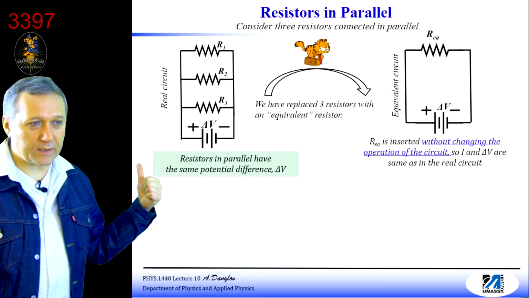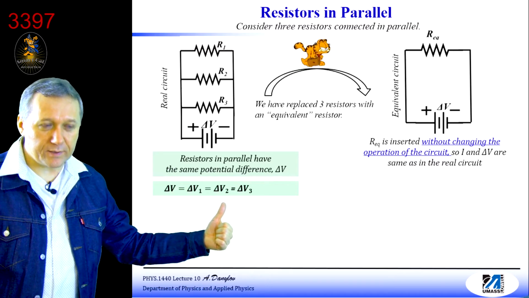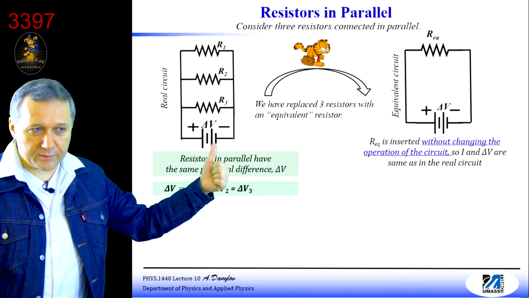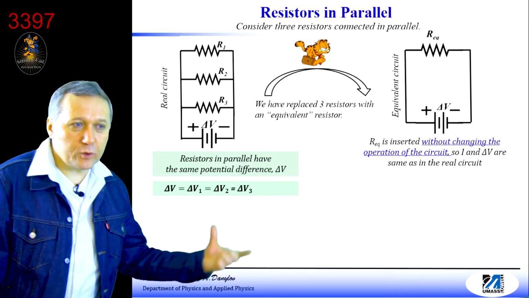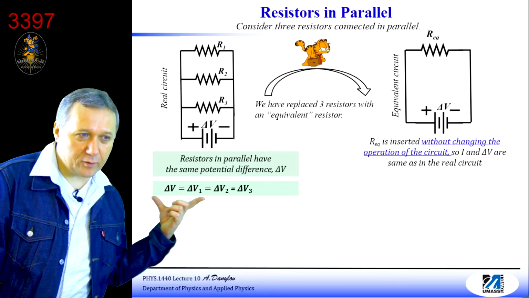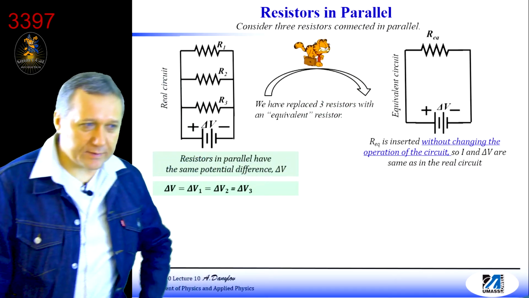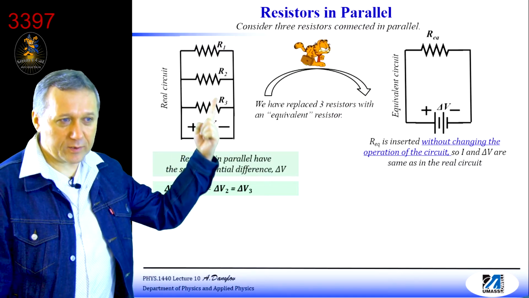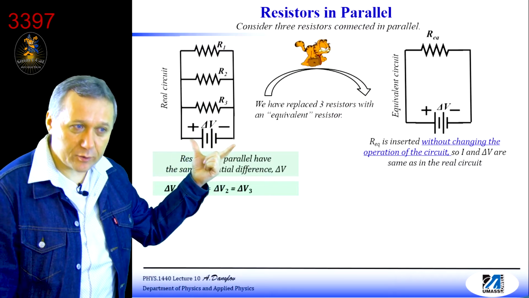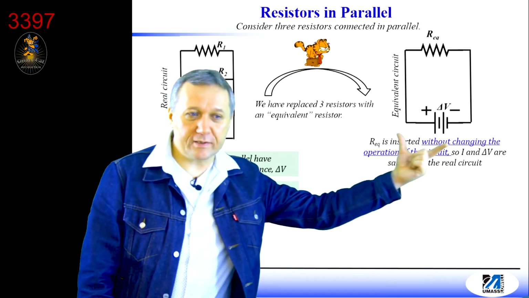So now I can write delta V1 equals delta V2 equals delta V3 equals the potential difference across the battery. Now I want to add to this line of equal things information about the equivalent resistor. And it's very simple because delta V1 equals delta V2 equals delta V3 equals this delta V. But again, you remember the rest of the circuit must work in exactly the same way.